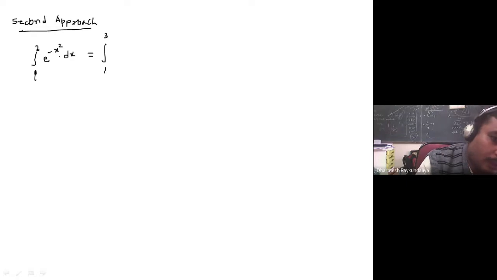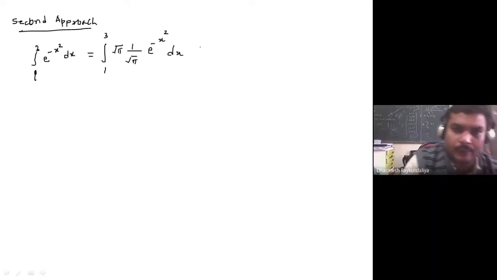Suppose I multiply this with root pi, and write 1 upon root pi e raised to minus x square. Can we write that? Yes or no?